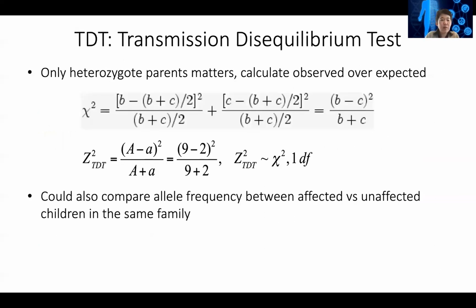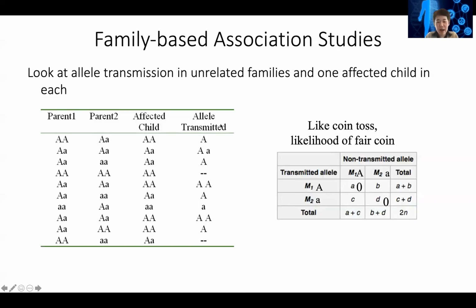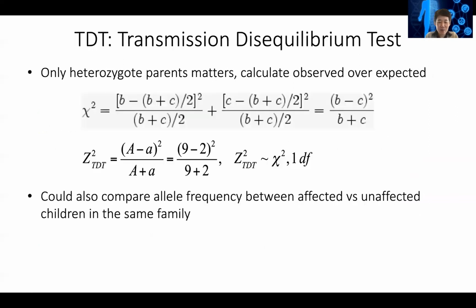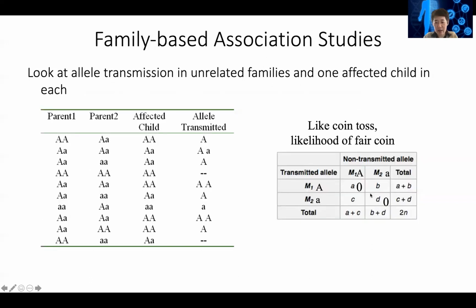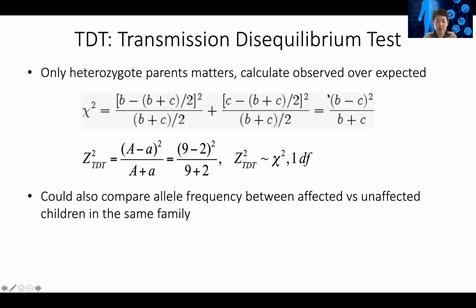And then to do a statistical test, you can imagine if in the affected child, you always see the big A seem to be transmitted a lot more than you expected. We want to do a statistical test to ask. You can see here, only the B and C are important. The A and D are all 0, so they don't contribute information.